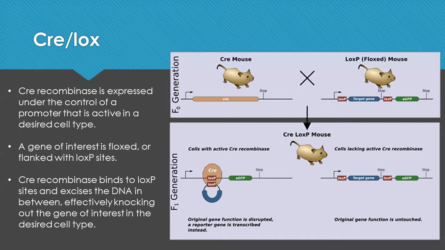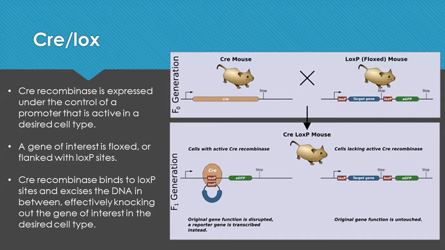Okay, if you look at the right image here, to do this CRISPR model, you need two types of mouse. First, a mouse with the CRISPR system, and second, a mouse with the log P system.